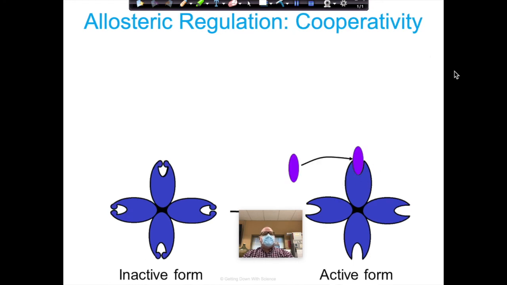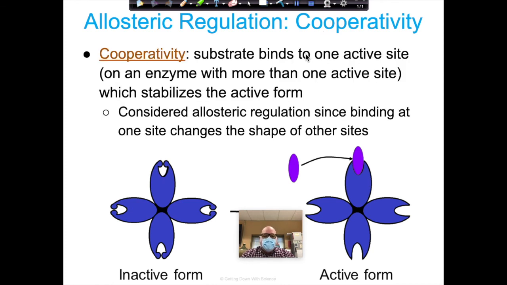Okay. Sometimes we have what's called cooperativity. Cooperativity is when a substrate binds to one site and that stabilizes the active form of the enzyme.